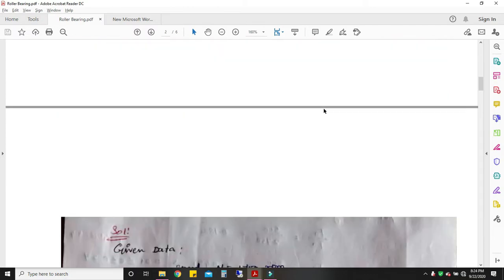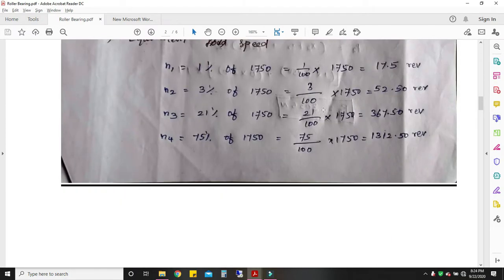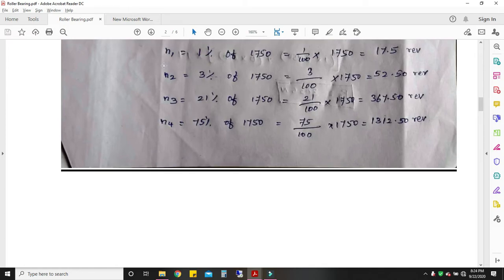First, find the equivalent speed for each gear. N1 indicates the speed of the first gear, or the speed of the shaft in the first gear, equal to 1% of the total speed, that is 1750, which equals 17.5 revolutions.